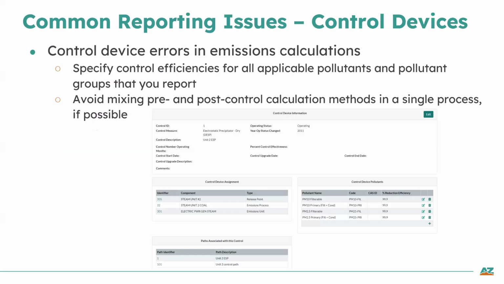For control devices, clearly specify the control efficiency for all controlled pollutants. More importantly, avoid mixing pre- and post-control calculation method for a single process. More on pre- and post-control calculation method on the next 2 slides.